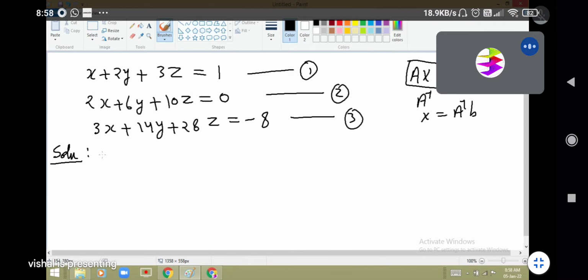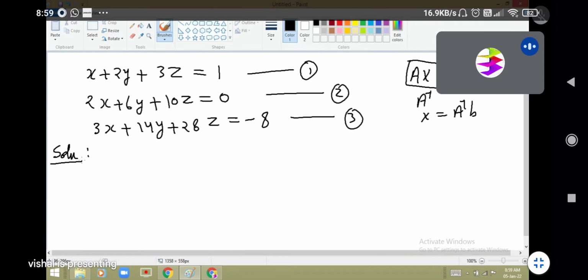First we will remove x from equation number 1 and 2, and please listen carefully. This is the Gaussian elimination method. First we remove x from equation number 1 and 2 and equation number 2 and 3.